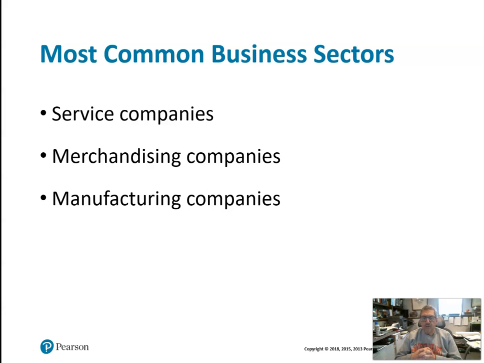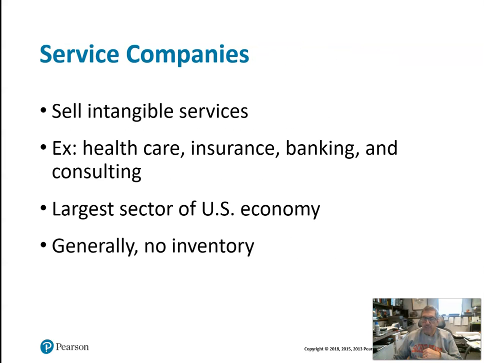Well, these are the types of companies that we're going to be talking about one way or another during the course of this semester. So we really have three business sectors that we're going to focus on during the course of the term. You can see that service companies, merchandising companies, manufacturing companies. So when we talk about service companies, we're talking about companies that don't have a tangible product, right?